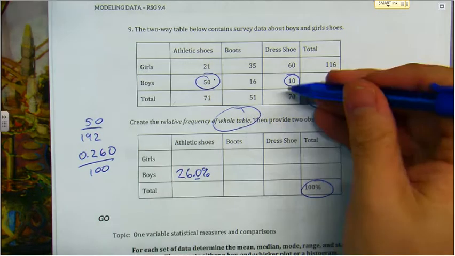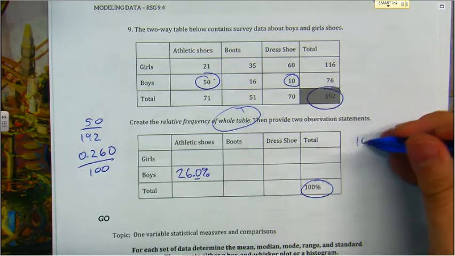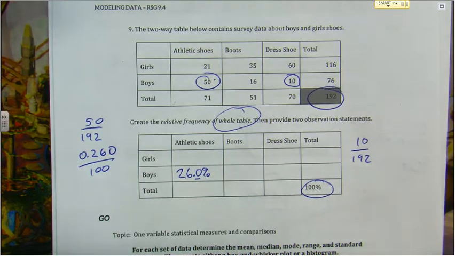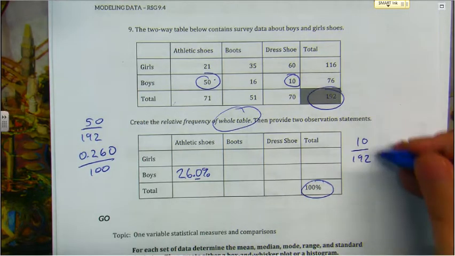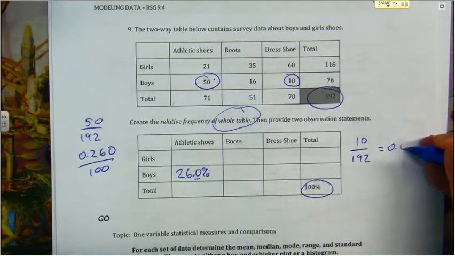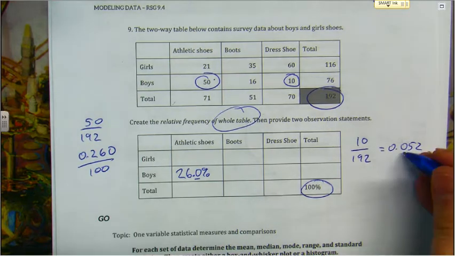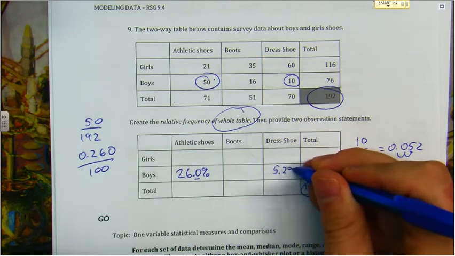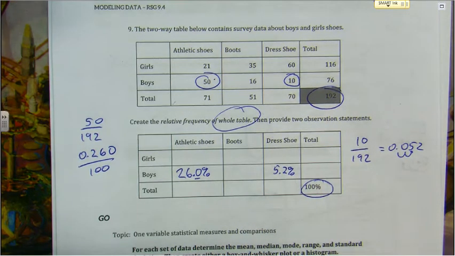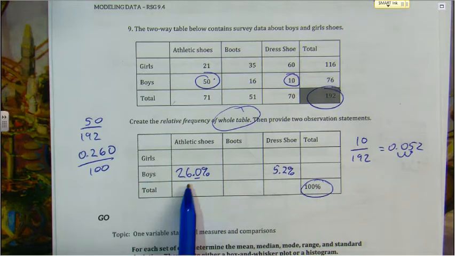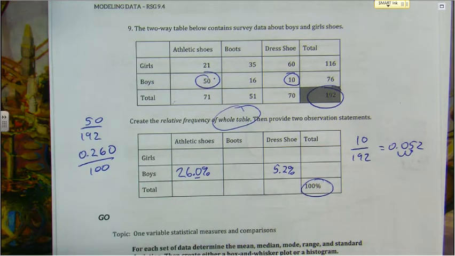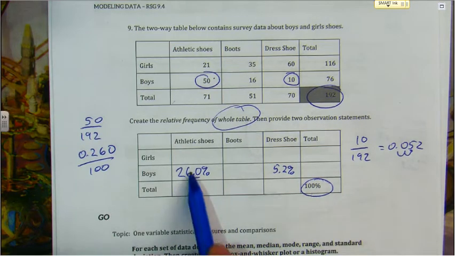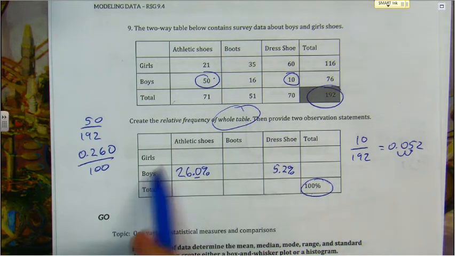Okay. But I'll do the same thing for dress shoes. Dress shoes is going to be 10 divided by 192. 10 divided by 192, part over whole, gives me 0.052. When I divide that by 100, or just move it over, I get 5.2%, etc., etc. So on the days where I wear my sneakers, I'm like 26% of the total population, because 26% of us are boys who wear athletic shoes.